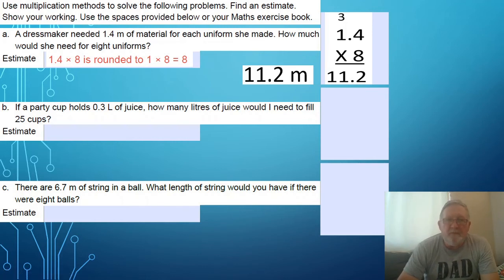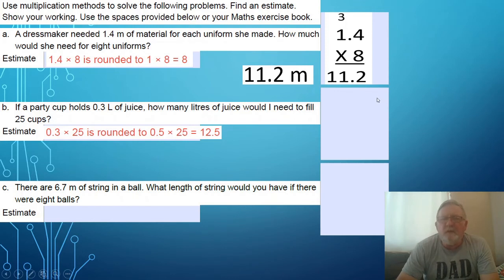In the second one, we're estimating again. Now, the estimation here is a little bit different because they've estimated 0.3 up to 0.5, which is quite a lot. The reason they went with 0.5 is because it's a half. A half of 25 is 12 and a half.